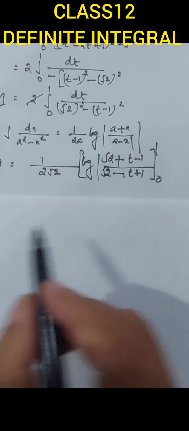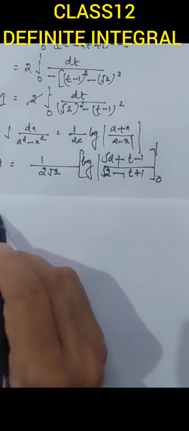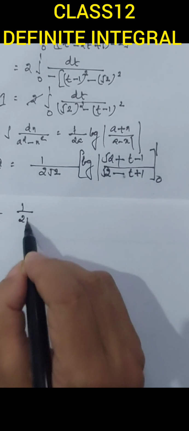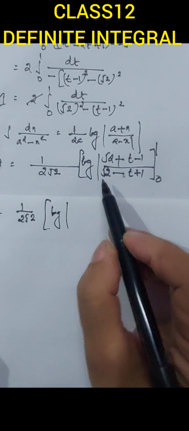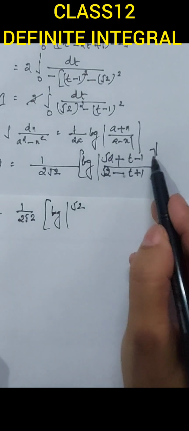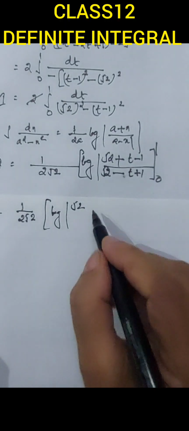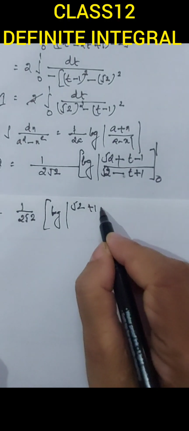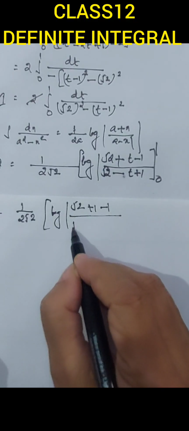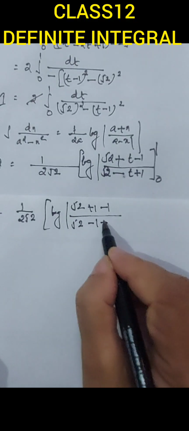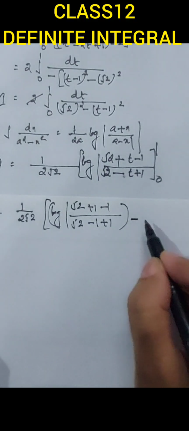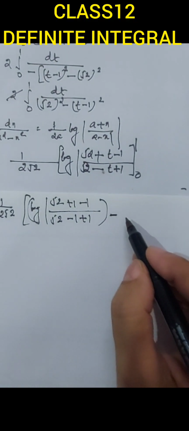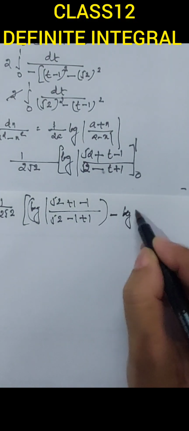Now substitute the limit. I will be 1 by 2 root 2 into log mod root 2 plus upper limit is 1. So put 1 in place of t, root 2 plus 1 minus 1 divided by root 2 minus 1 plus 1. This is the upper limit minus, in place of lower limit we have to put 0 in place of t.